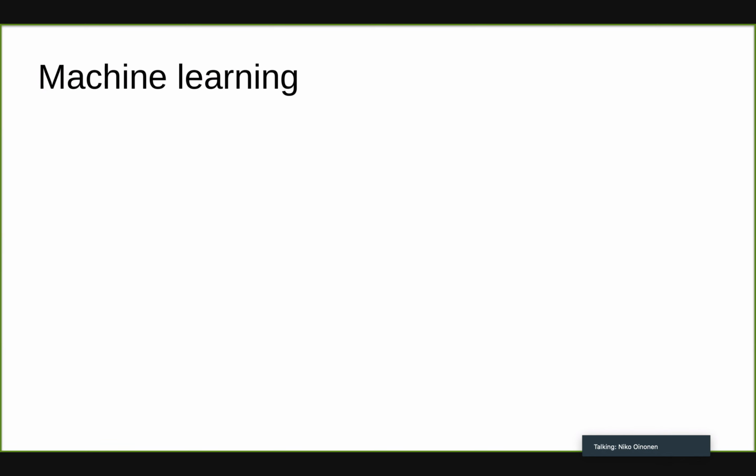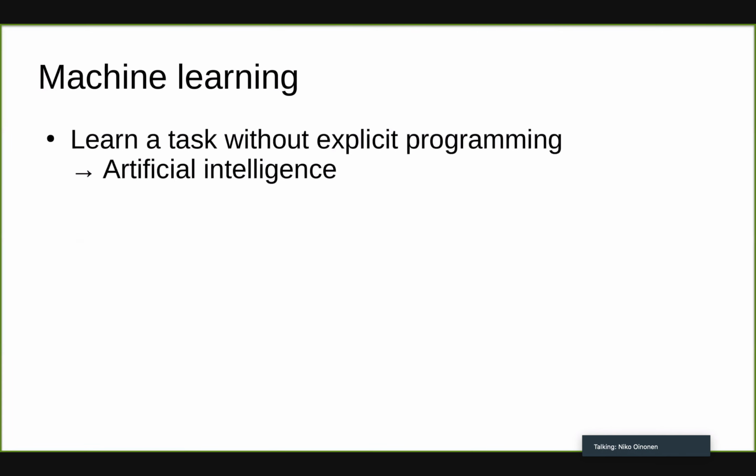But in much more complicated tasks like computer vision, it gets really hard to actually code these predefined steps. So what we might want to do instead is to just give some examples of the task to the machine, and then hope that it learns to do the task based on those examples.